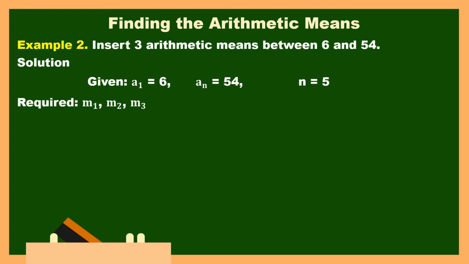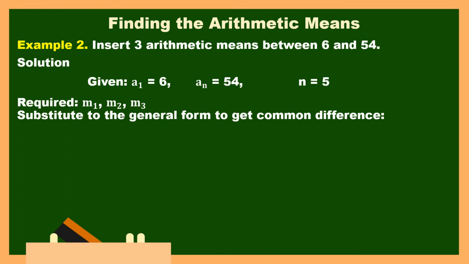At ang inire-require sa atin na kunin ay tatlong arithmetic means, si m sub 1, m sub 2, at m sub 3. Since hindi pa natin alam ang value ng ating common difference, kailangan muna nating itong hanapin gamit ang general rule or the n term of the arithmetic sequence na a sub n equals a sub 1 plus the quantity of n minus 1 times d.